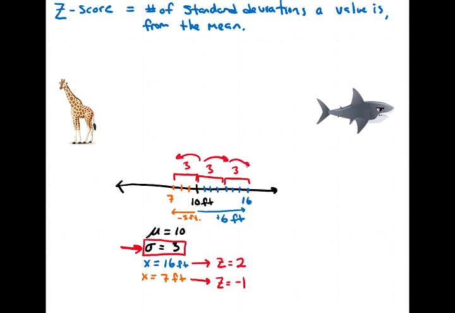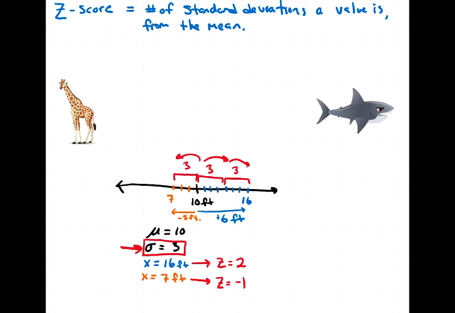So that's our z-score. It's nothing more than another unit of measurement. It's actually the standard unit of measurement in statistics, because we could take any data from any set measured in any units and convert that data into z-scores.